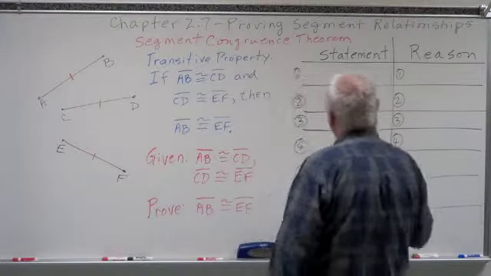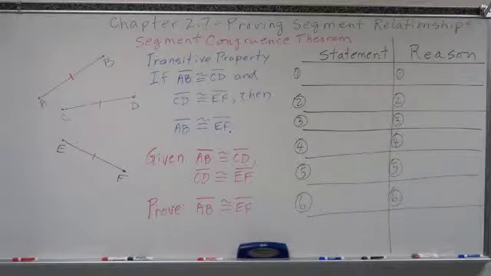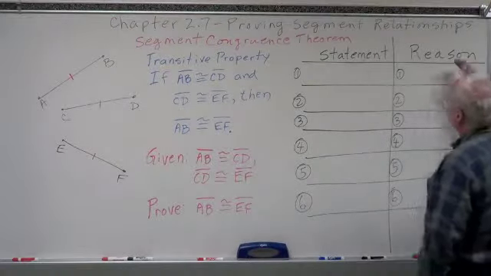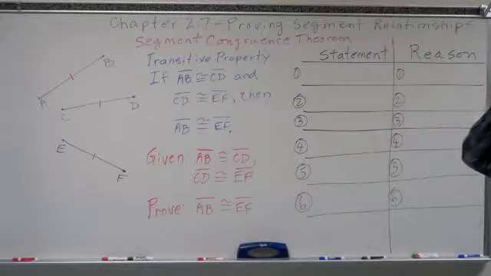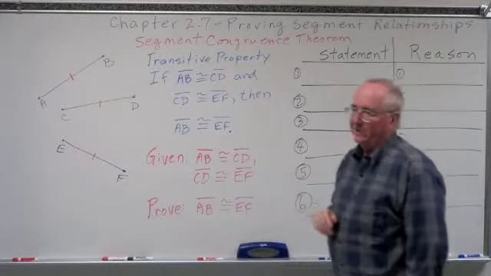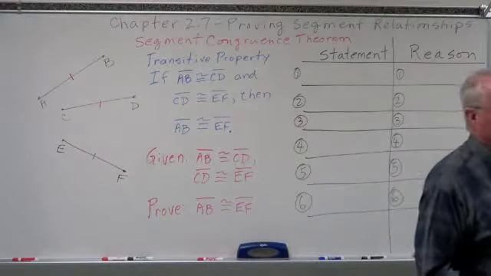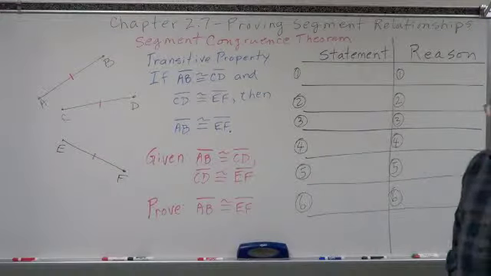Now, let's transfer that over to what we call the two-column proof or the formal proof format. Have statements over on the left side and reasons on the right side. Always we'll have reasons that will say given. Why do we put given? Because they told us so.